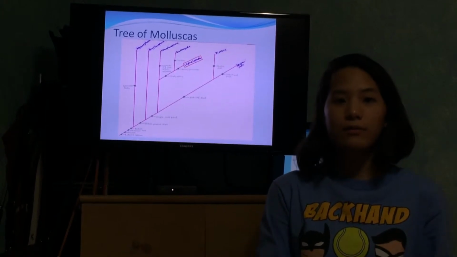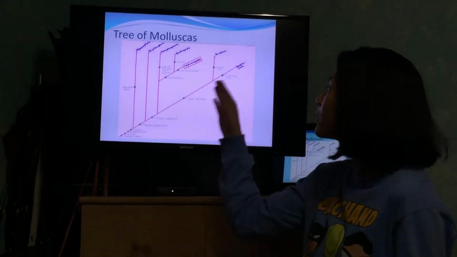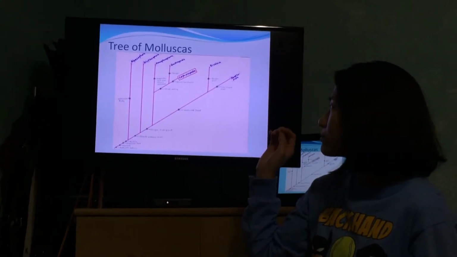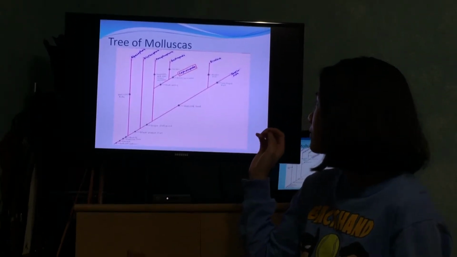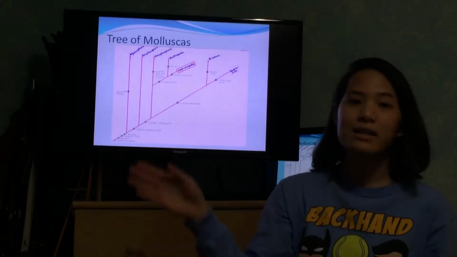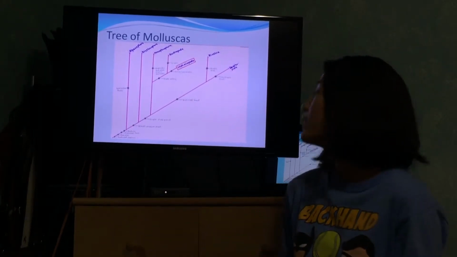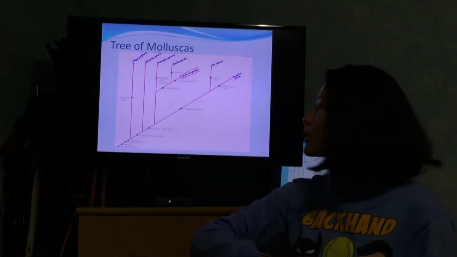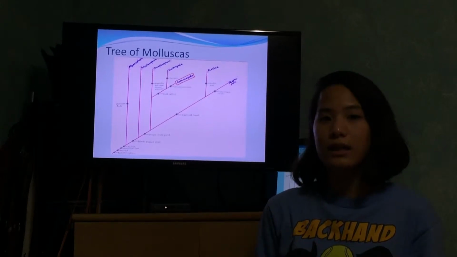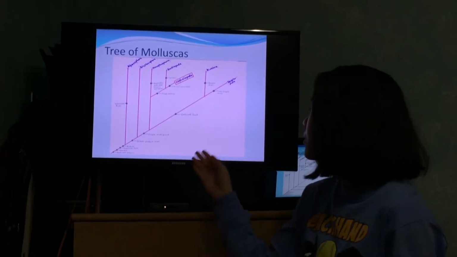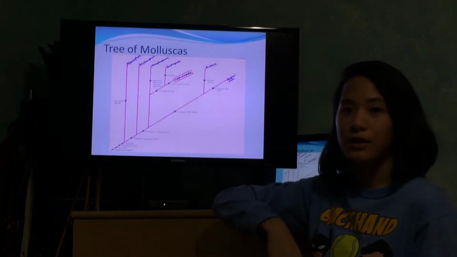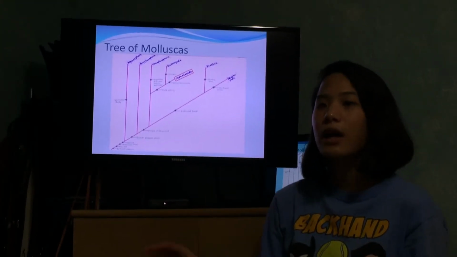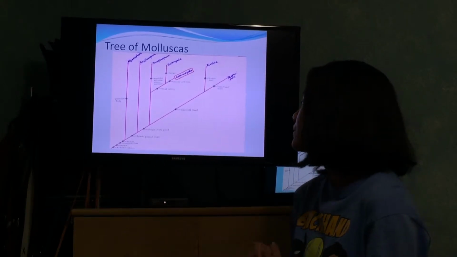And the muscular foot is interesting because the different classes of the mollusks phylum have different uses of the muscular foot. For example, the bivalvias use the muscular foot to bury themselves in the sand, as opposed to the cephalopods, where the octopus is. They use their muscular foot to propel themselves to swim faster and such.